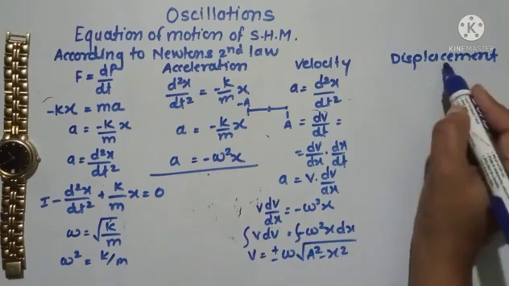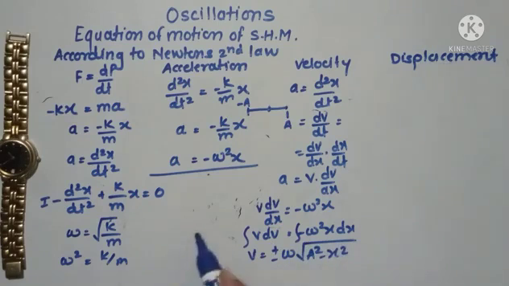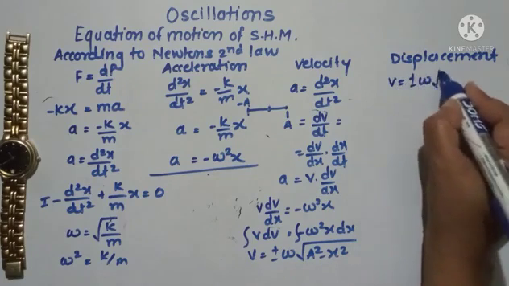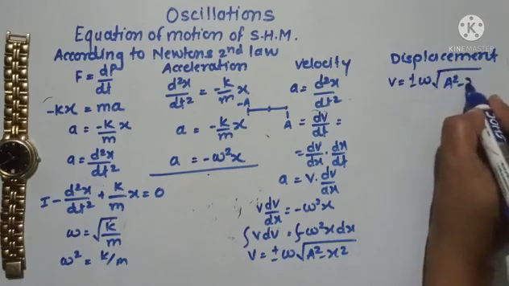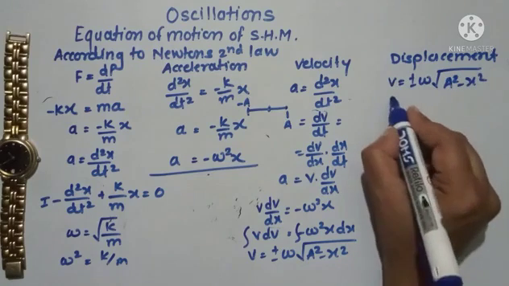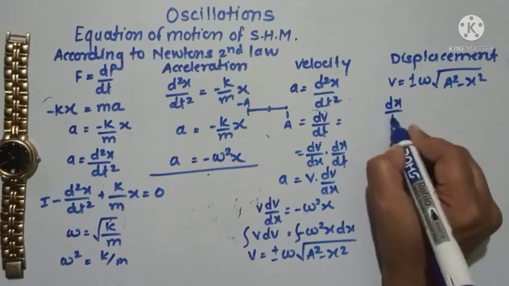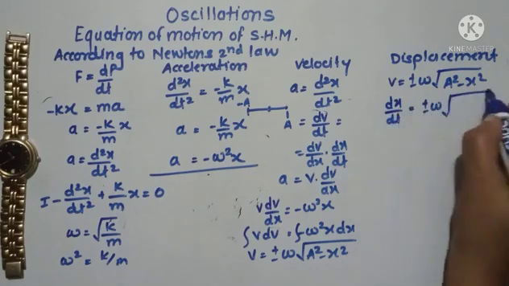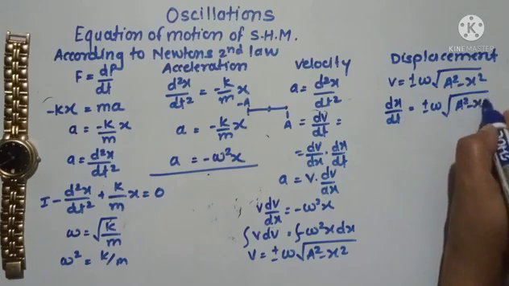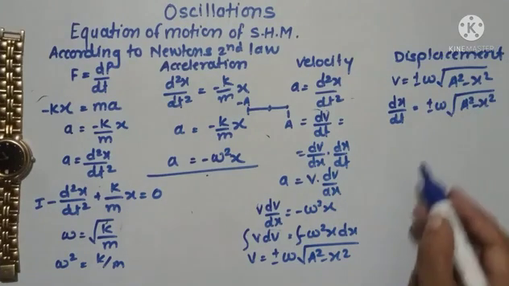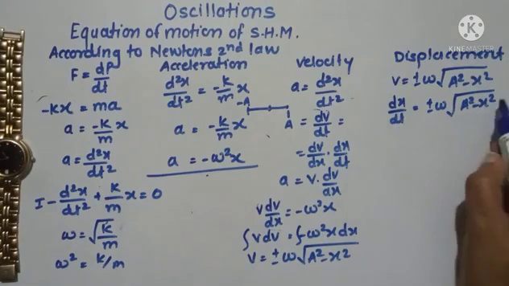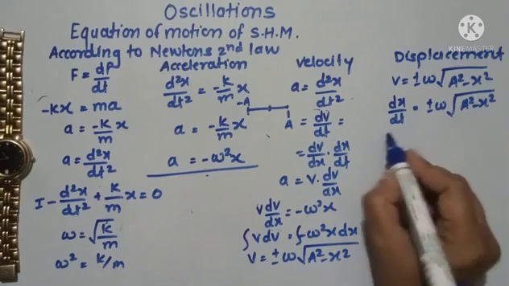So let us calculate the displacement from the same equation of the motion. We have got this equation, v is equal to plus minus omega square root of a square minus x square, and we know that v is nothing but dx upon dt. So I can take this dt on the right hand side and this square root on the left hand side.